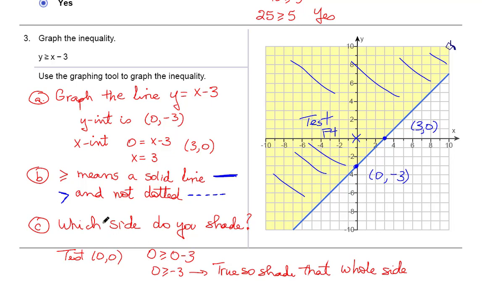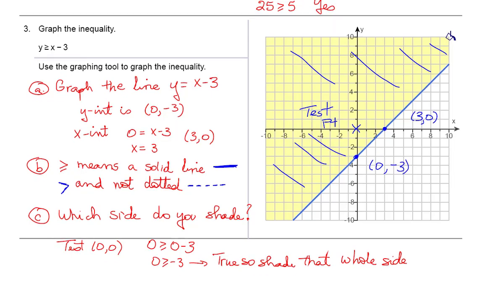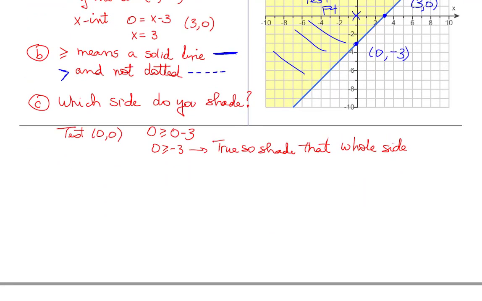See, all I'm doing is plugging the test point back into the original problem. Is 0 greater than or equal to minus 3? Yes, that's true, so I'm going to shade this entire side. So every point on that side would satisfy the inequality. If it would have failed, then I would have shaded the other side.